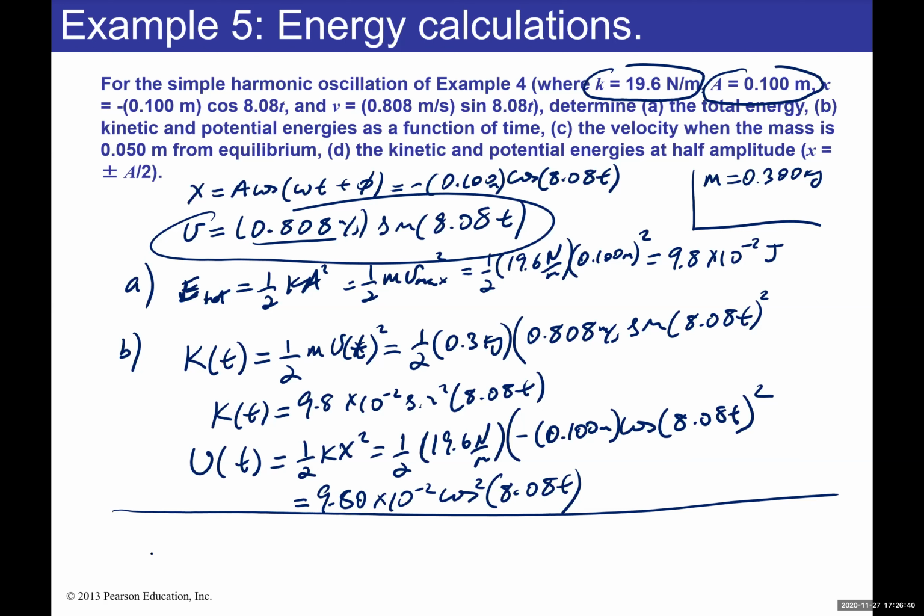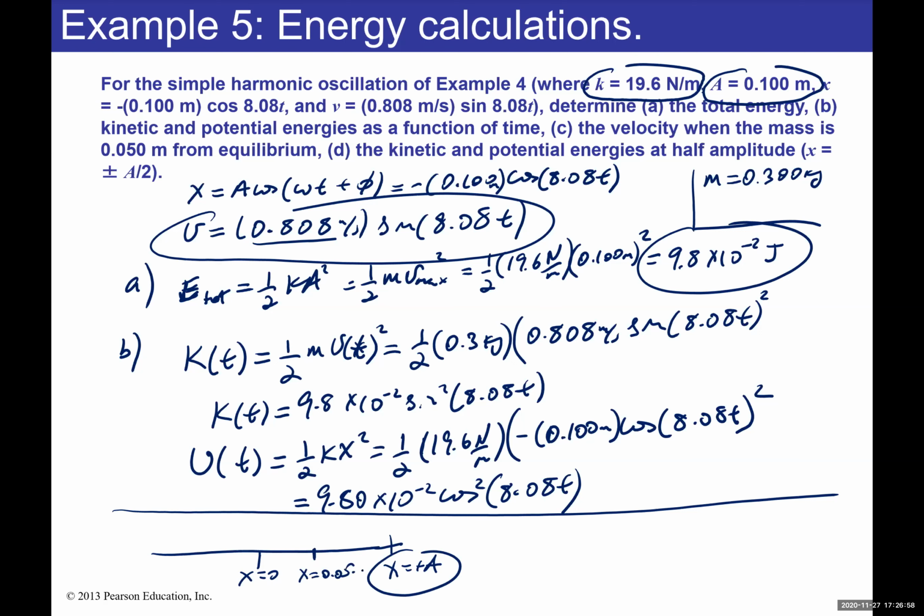Let's say this is x equals 0 and this is x equals plus A. I know the total energy here, which we calculated there. That means the same amount of total energy will be at some position here, where x equals 0.05 meters.